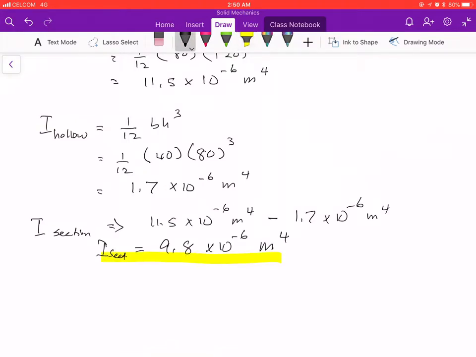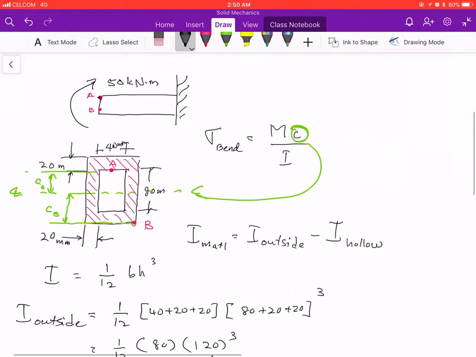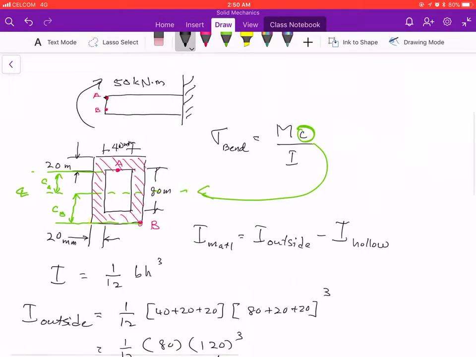So once I know the I, I can go ahead and use this equation here.